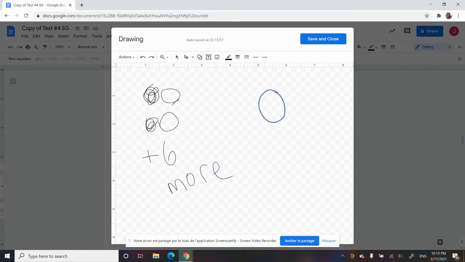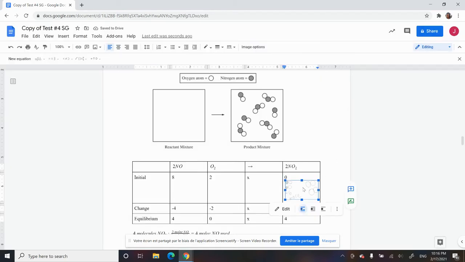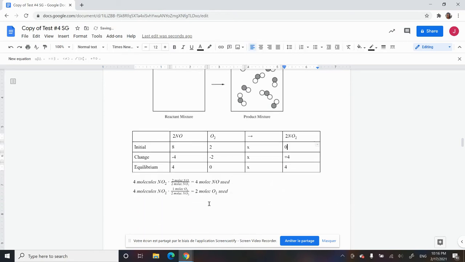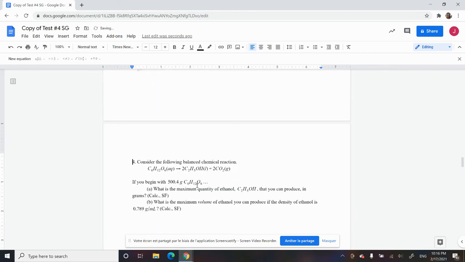And then 2 O2s. You would draw 8 of those. Since I'm working with the touch screen, it's a little bit wonky, but that's what I'm looking for as the answer there. Right, moving on.